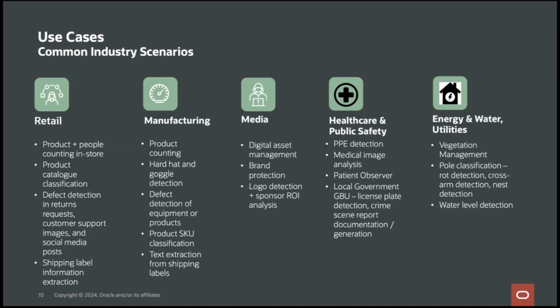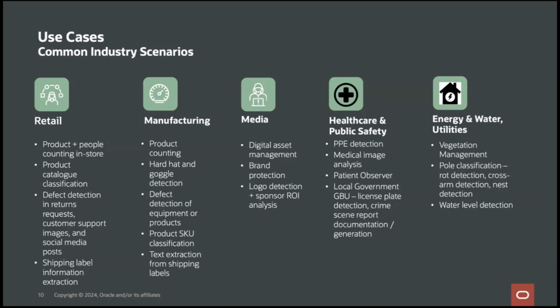In healthcare and in public safety, we can use OCI Vision in PPE detection. We can also analyze medical images. So let's say, for example, doctors can directly scan specific images or patient x-rays and pick up certain kinds of anomalies from them.